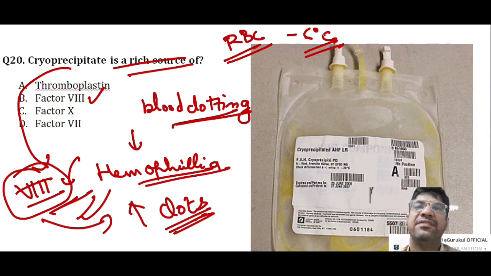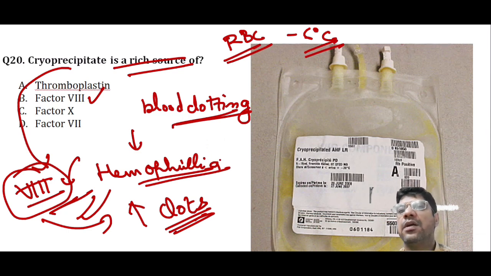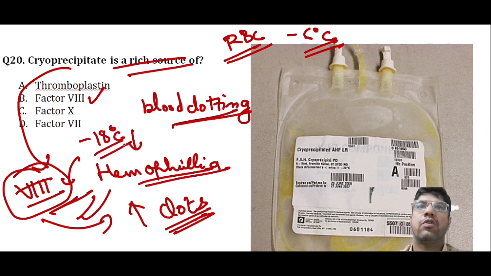They are used when someone has a low red blood cell level like anemia and needs to improve their oxygen level. The fresh frozen plasma contains almost all the factors needed for blood clotting, including labile factors 5 and 8. Fresh frozen plasma is stored at a low temperature of -18 °C. Cryoprecipitate is a rich source of factor 8.